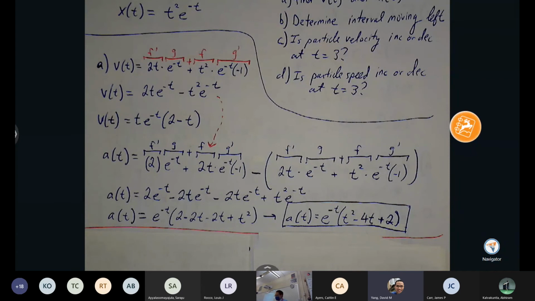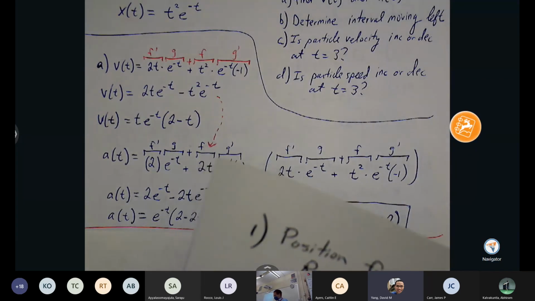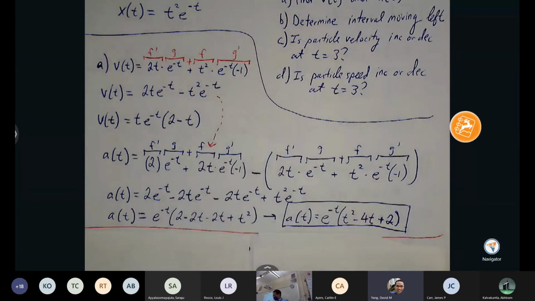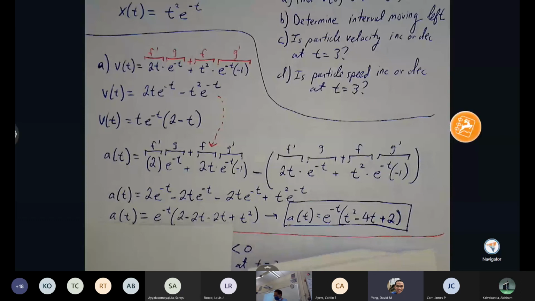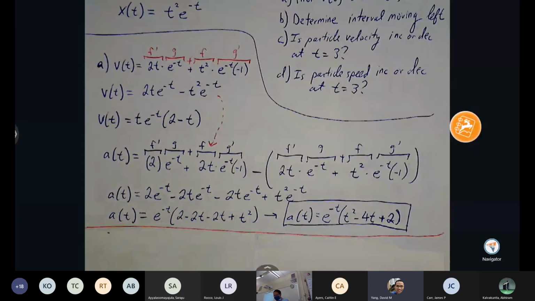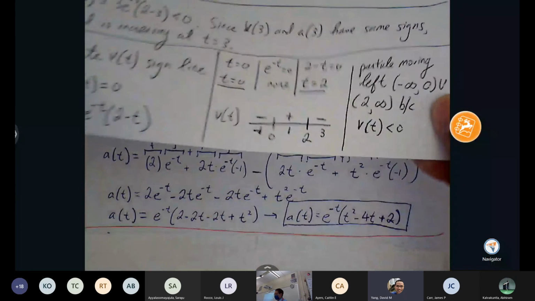Okay, so we set each piece equal to 0. On my key, I had it out of order here, so here's the work.